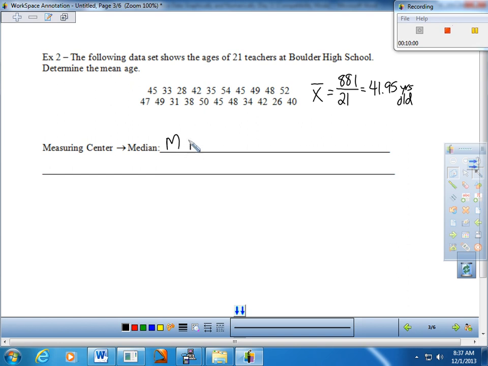So the median is the midpoint of a distribution.